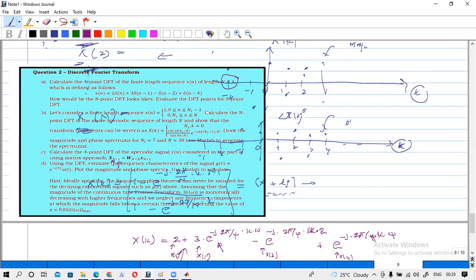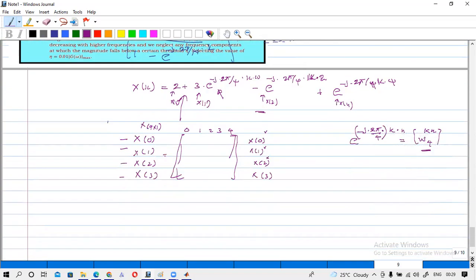This length should be 5. So we have to at least calculate the 5-point DFT. Okay, so we will do it up to 3, because we have to find the 4-point DFT, no? No, let's put up to 4. We will see what happens.